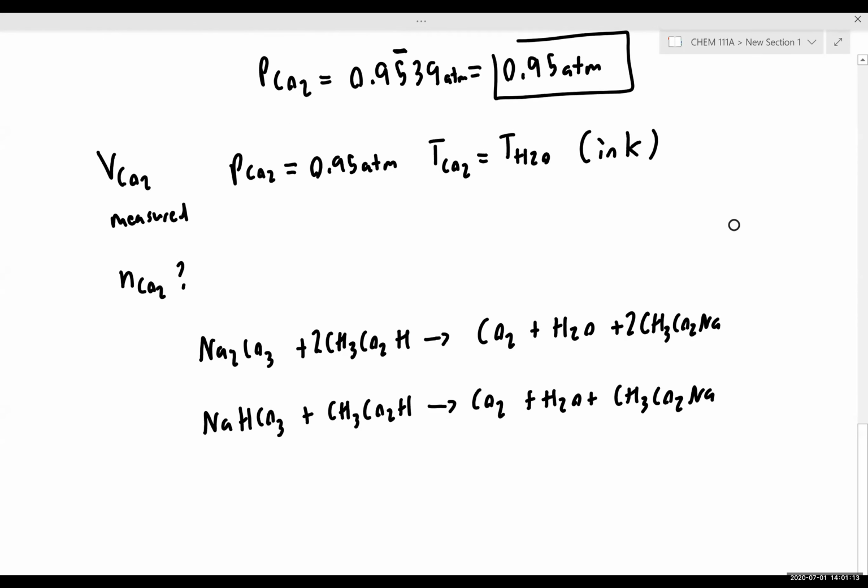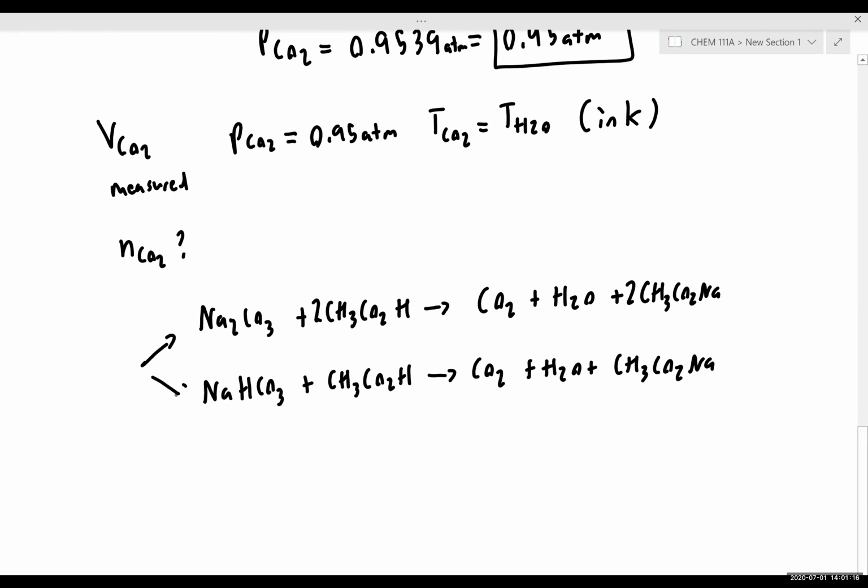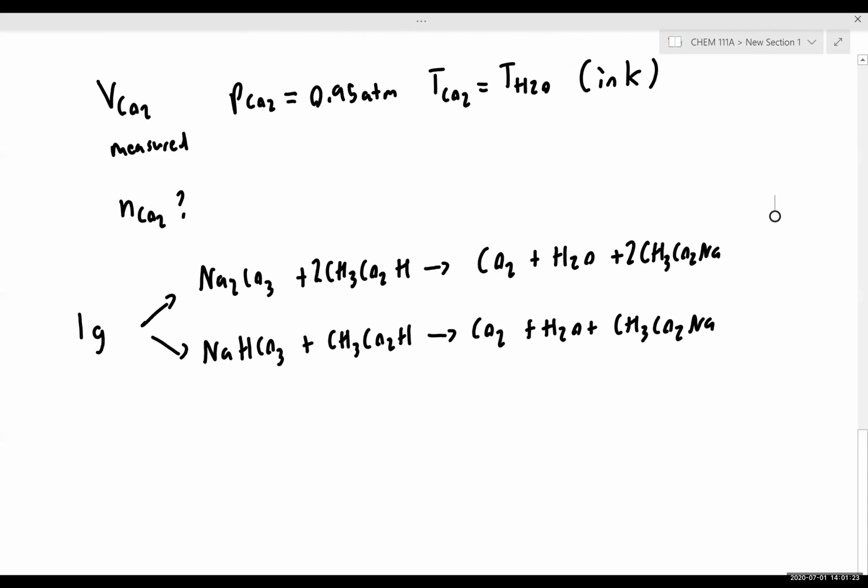Okay, now what I want you to focus on is that if we start with 1 gram of sodium carbonate and sodium bicarbonate, my 1 gram of sodium carbonate is equivalent, if we convert that into moles, in 1 mole of sodium carbonate, looking and calculating its molar mass, has a molar mass of 105.98 grams per mole.